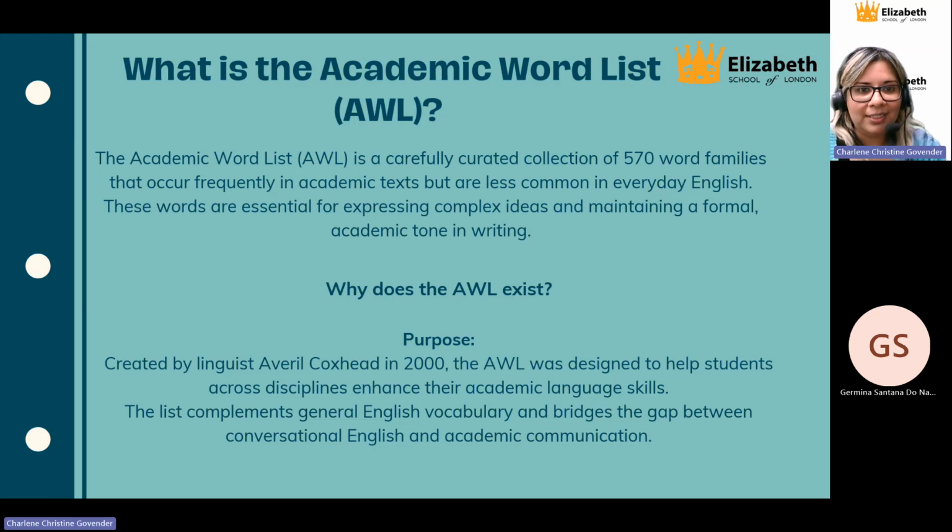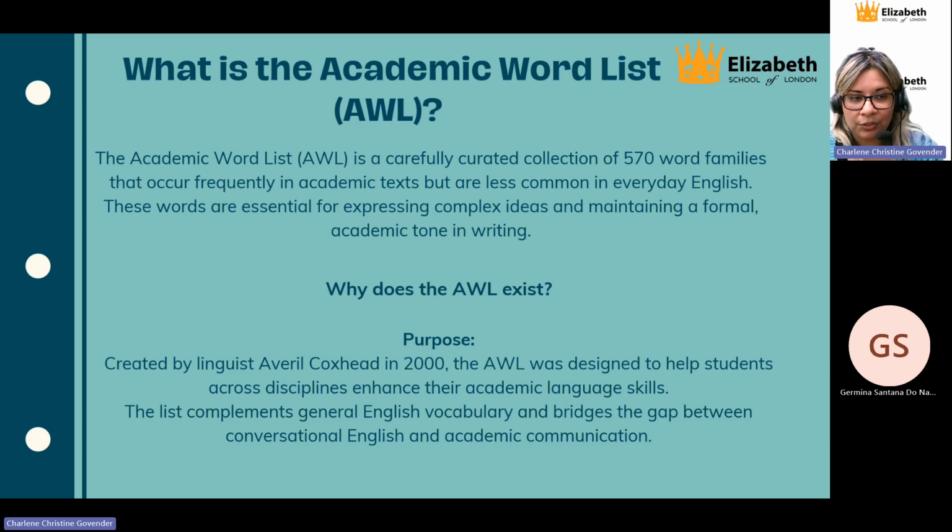So, what is the academic word list, or for the purpose of this workshop, AWL? The academic word list is a carefully curated collection. Okay, so it's made of about 570 word families that occur frequently in academic texts, but are not common in your everyday English. So when you are talking to a friend or to a family member, you wouldn't use these words per se.